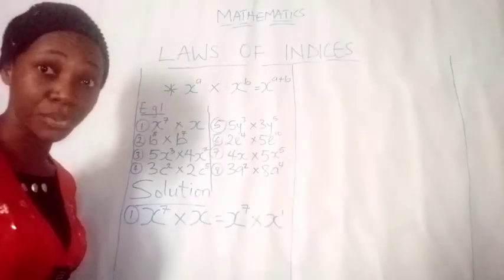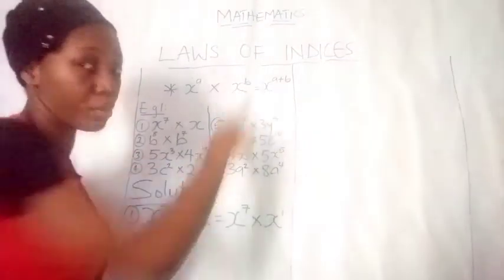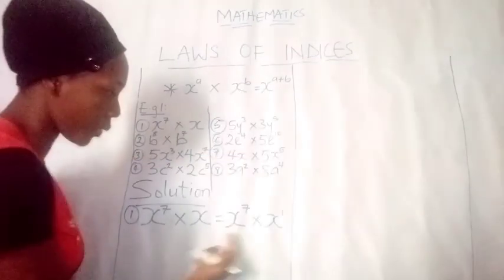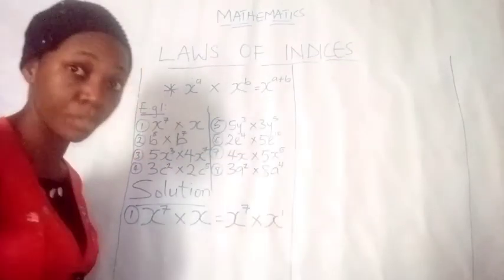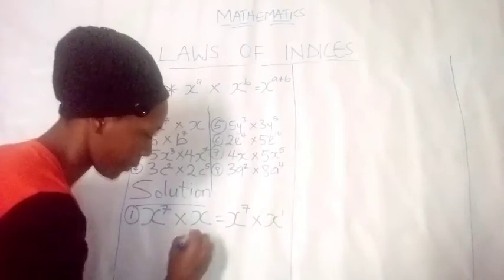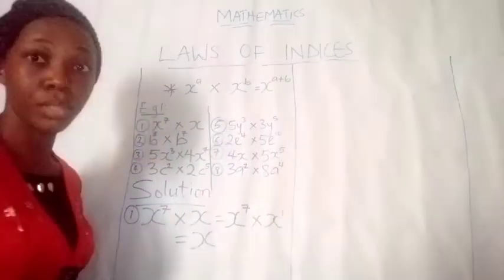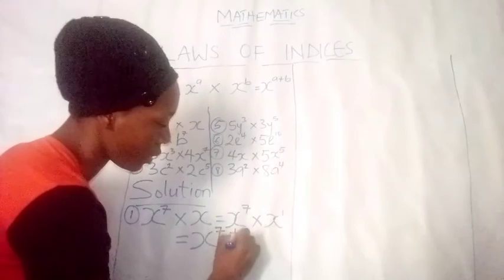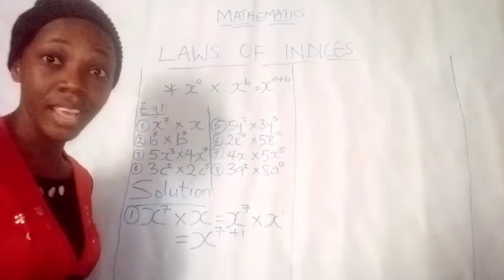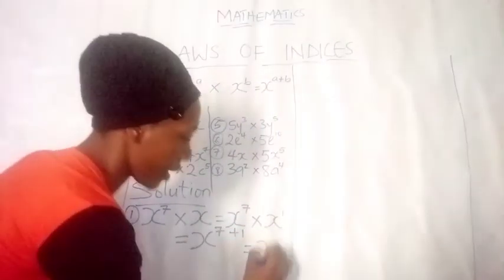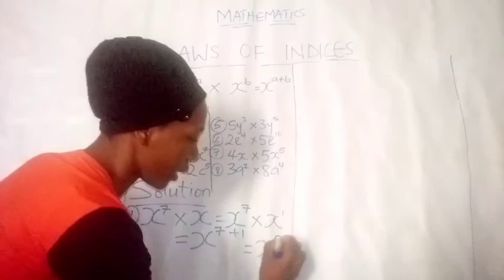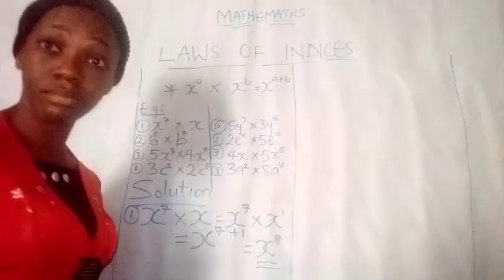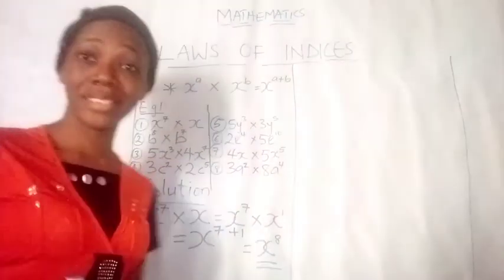And then, like I told you, we follow our principle number 1. Since we have the same base, we pick one of the bases, and then we add the powers. That is 7 plus 1, and that will give us x to the power of 8. And that is all.